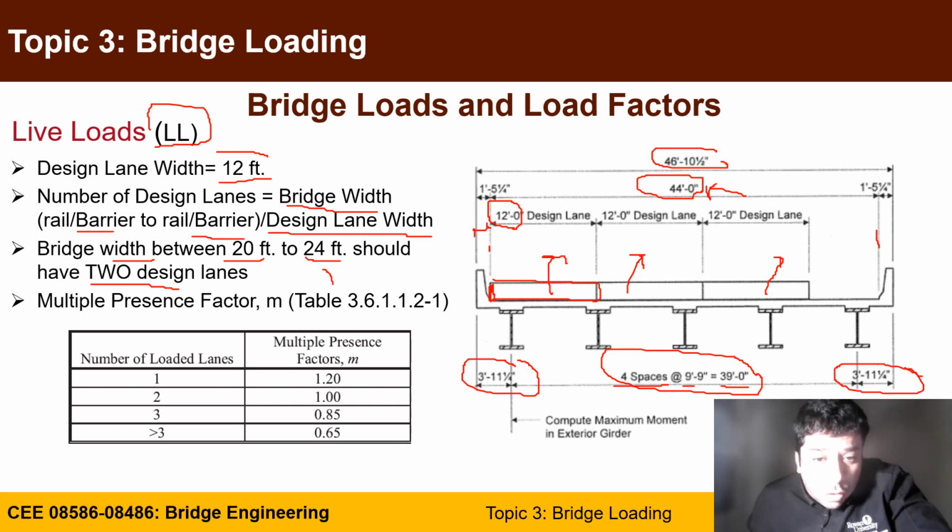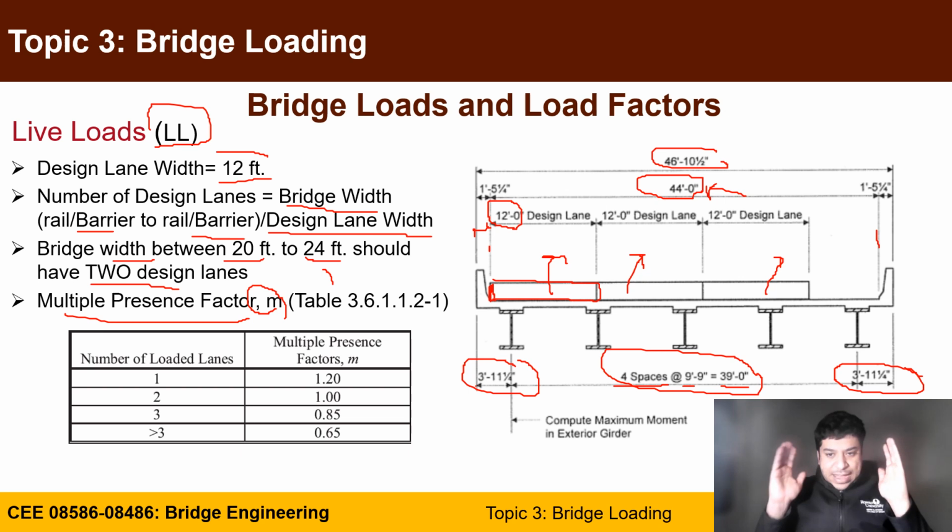We have what's called the multiple presence factor, M. Let's say I will design a bridge where I know that I have a maximum of 3 design lanes. But in some cases, you may not have the design truck in all 3 lanes in the same longitudinal position.